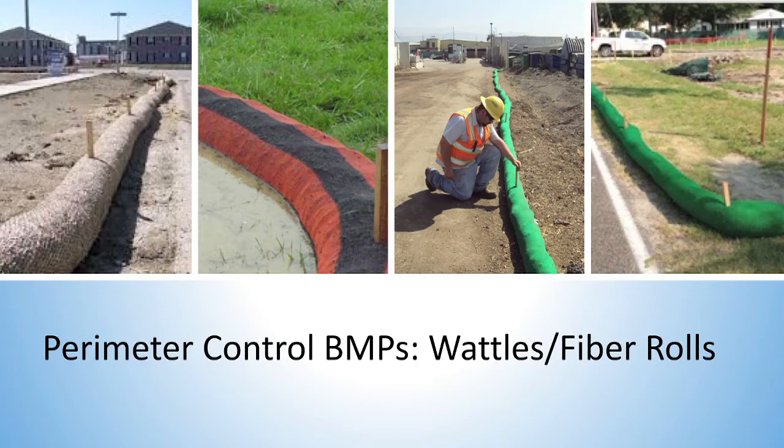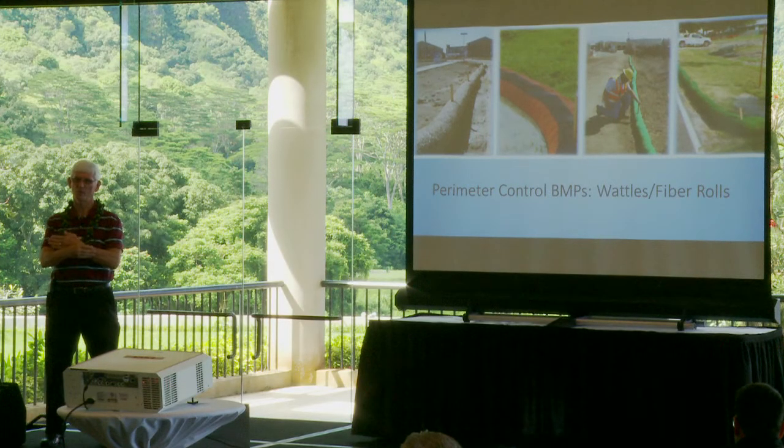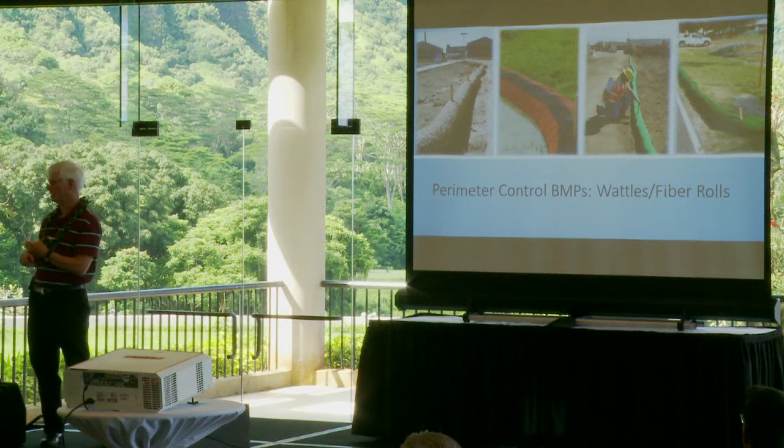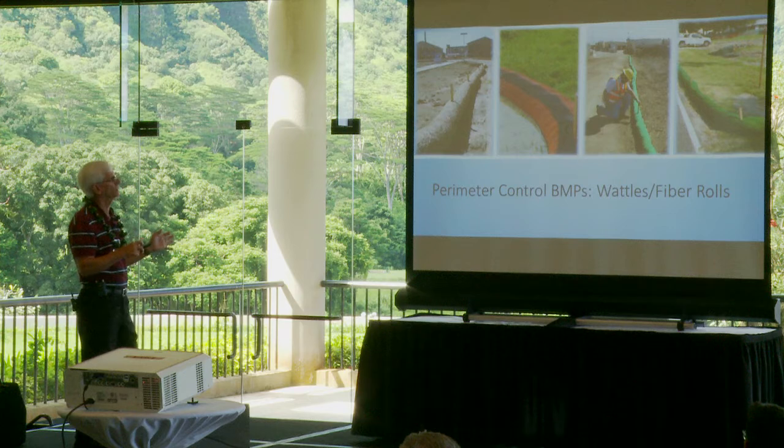So if you're just laying these things down and you're still seeing material escape, it might be time to look and see if there's a little hidden trick for making it better. I saw the way he was tucking in some of the rope and overlapping. Those may be some techniques that may be more appropriate if you're using a lot of these devices and you're not getting success with them.